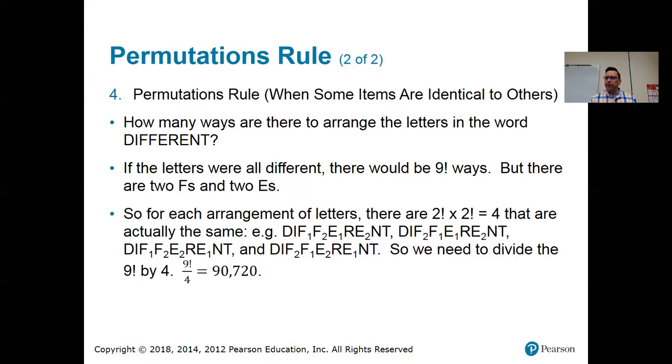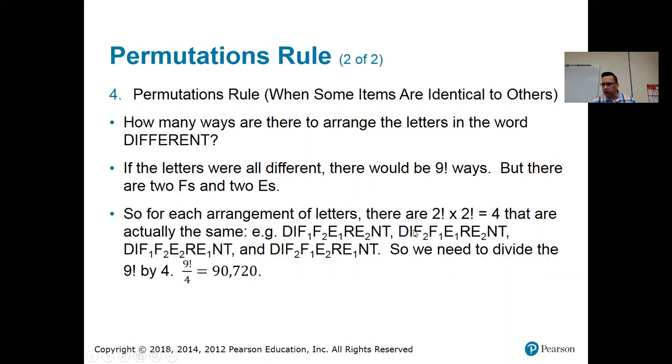For each arrangement of letters, there are 2 factorial times 2 factorial, which is 4, that are actually the same. And I've written them down here. So imagine that you attach little subscripts to the F's and the E's to make them look different. So here is my original arrangement of the letters.